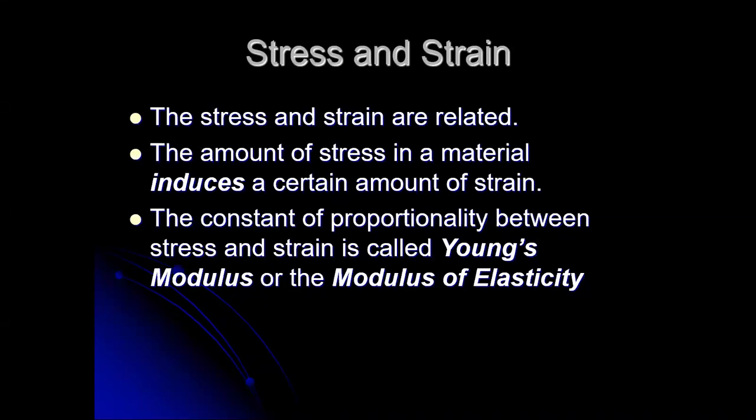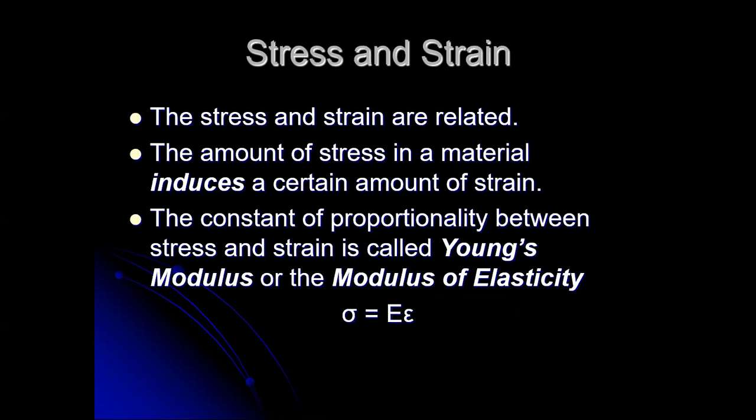What we call the modulus of elasticity, or Young's modulus, connects stress and strain. That's Hooke's law. Hooke's law's proportionality is the modulus of elasticity, that constant that connects the two sides together. And the equation looks something like this. So on the left, we've got stress.